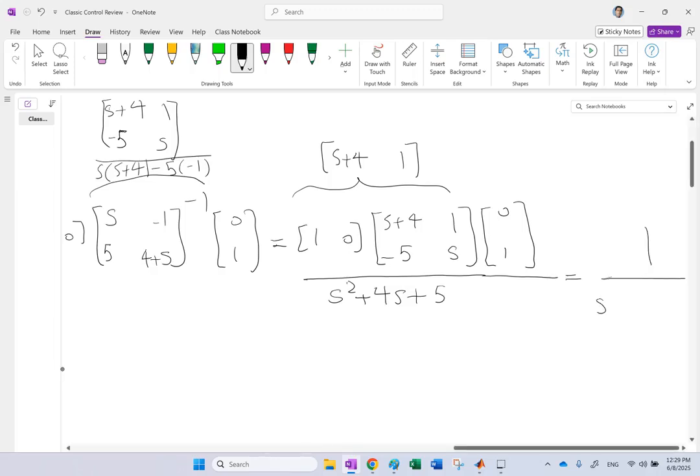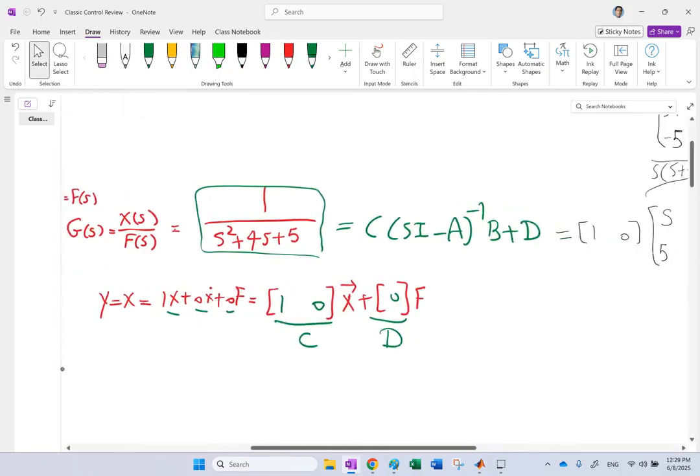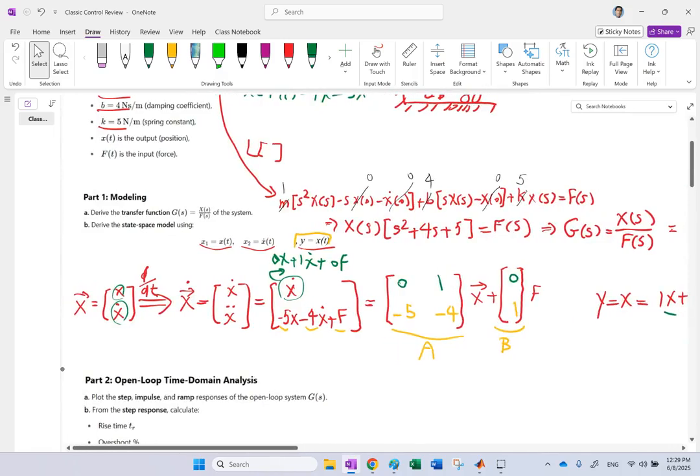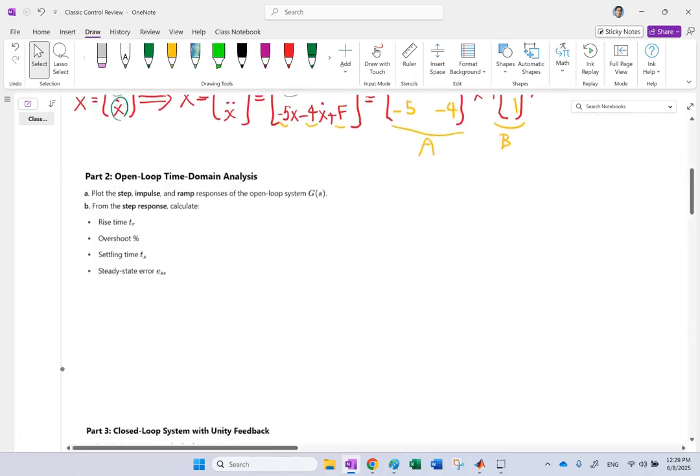So you get this one. And guess what? This is your transfer function. So you see, I could get the same transfer function through this important formula. And clearly, that's another sanity check that my state space matrices are absolutely correct. So that was the modeling part. Now let's go to part 2.